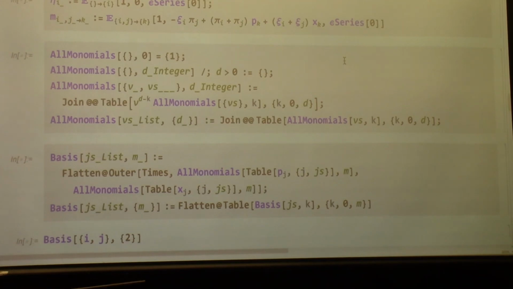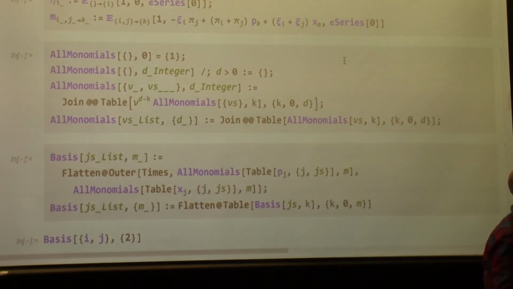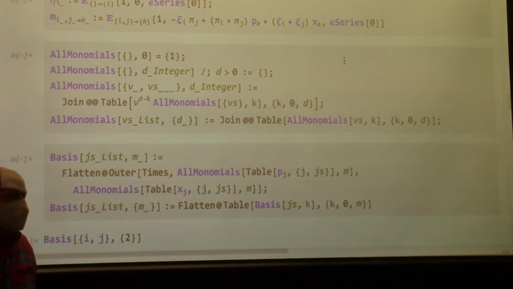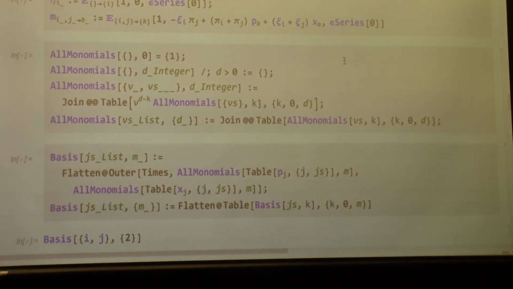Before, I had examples of docile polynomials; now I just wrote code that generates all docile polynomials with coefficients Ci, where Ci is yet to be determined. Okay?